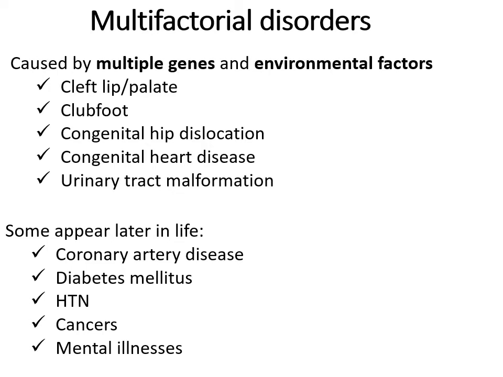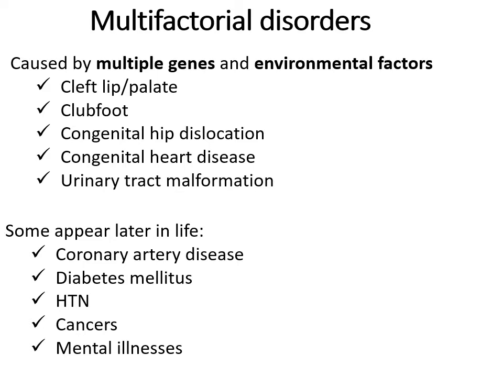And some of these genetic factors can declare themselves later in life, right? So coronary artery disease definitely has a genetic component. Diabetes is more common if you have a sibling or a parent that has type 1 diabetes.